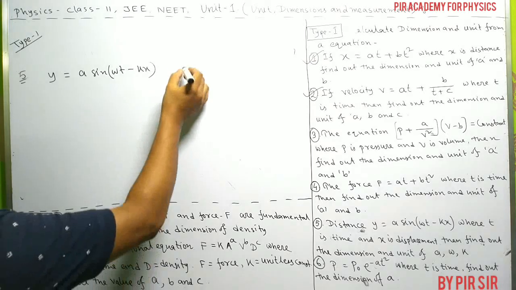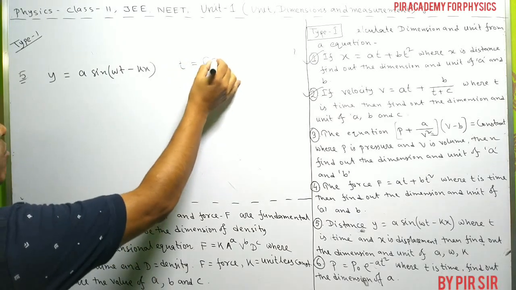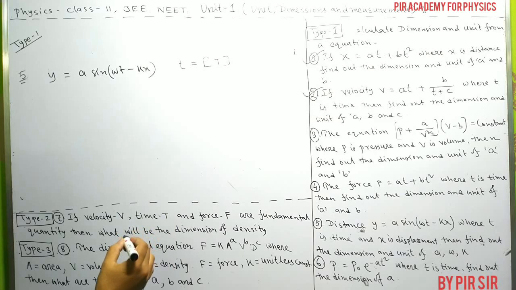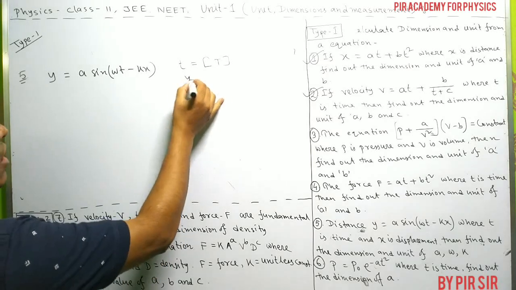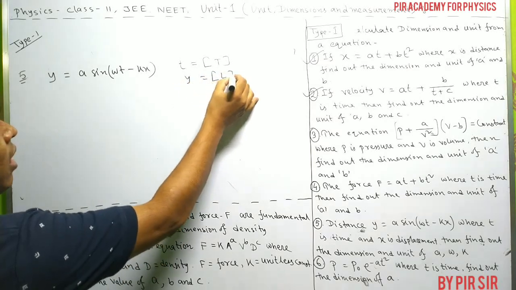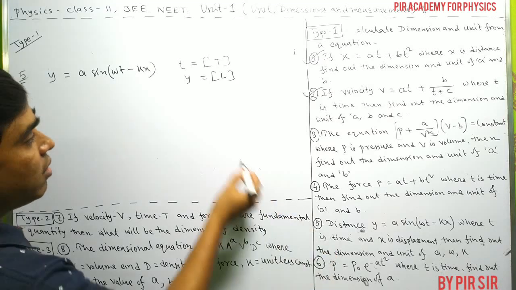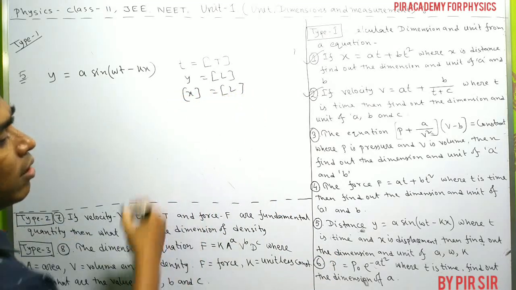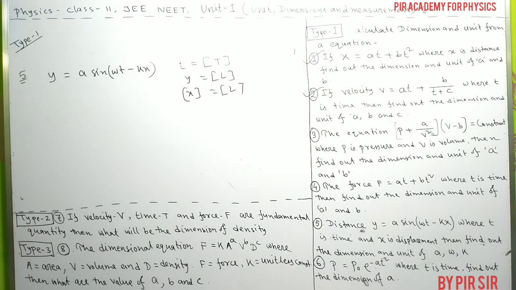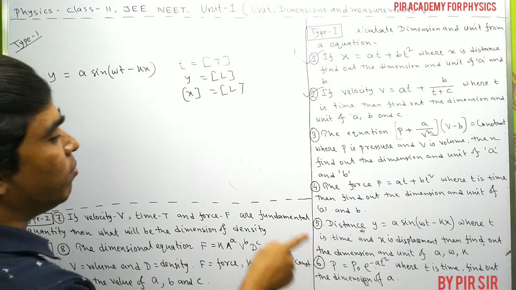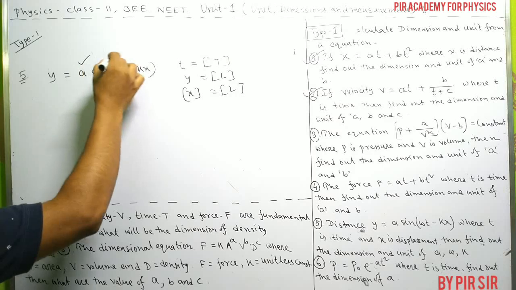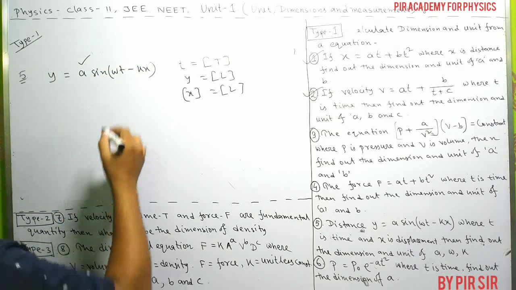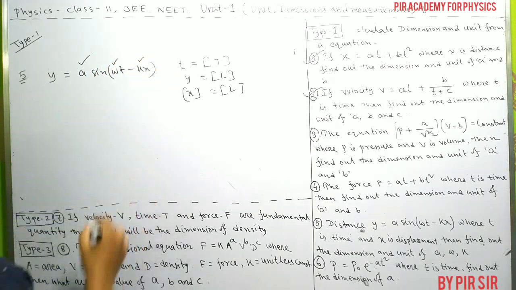Here t is time, the dimension of t is T. y is distance, the dimension of y is L, and x is also a distance, that means L. You have to find out the unit of a, omega and k.